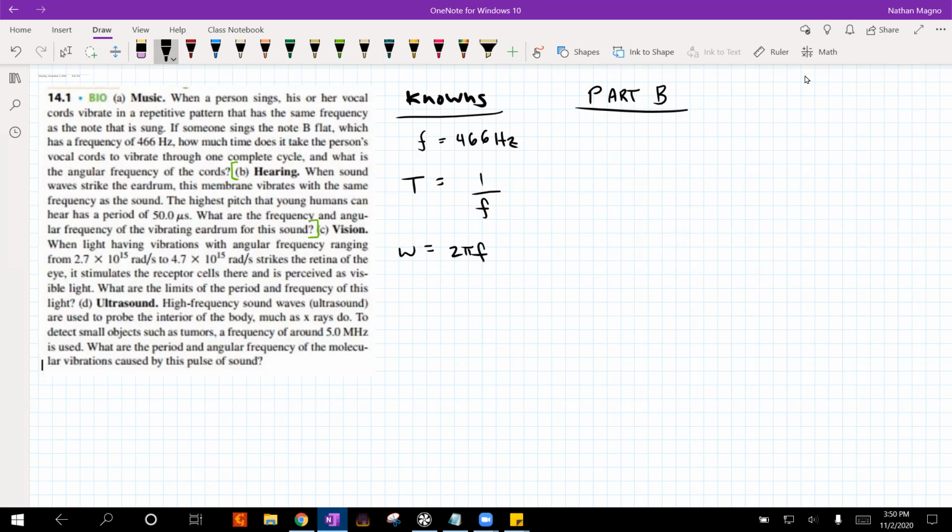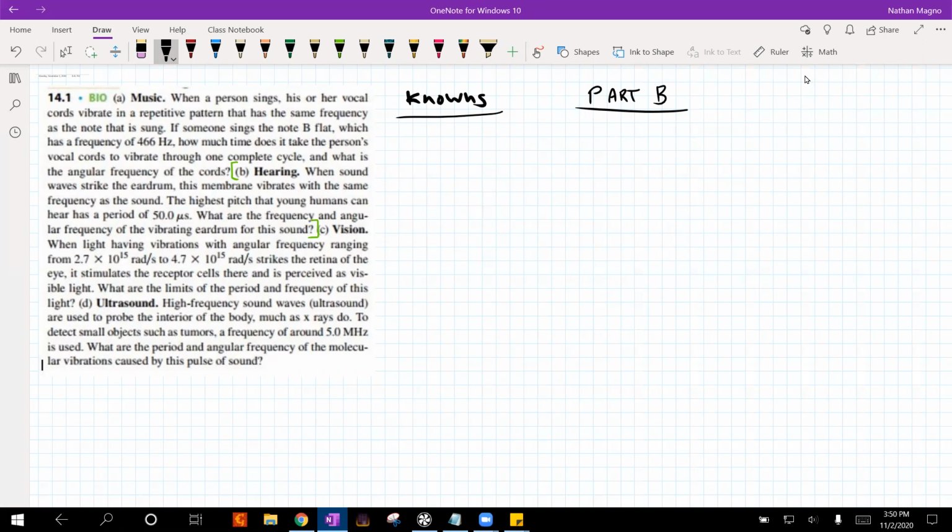Does anybody have a game plan on how to tackle this? I think with angular frequency, there's the speed, and so it's a rate. So definitely, you'll need time t for this question. Okay, when you say time t, are you talking about the period?